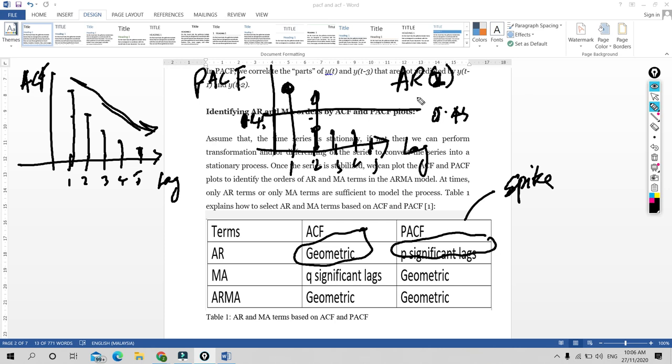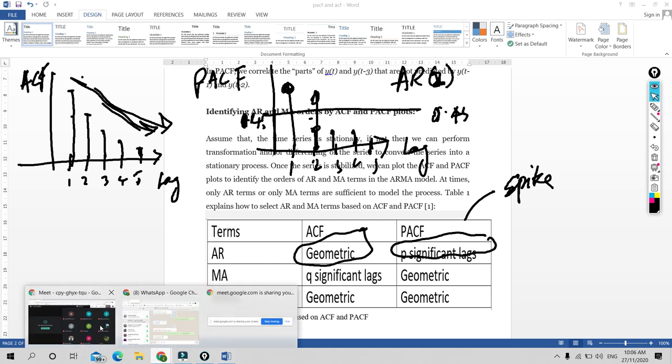If my PACF is geometric, it decays against lag 1, lag 2, lag 3, lag 4, lag 5, lag 6.